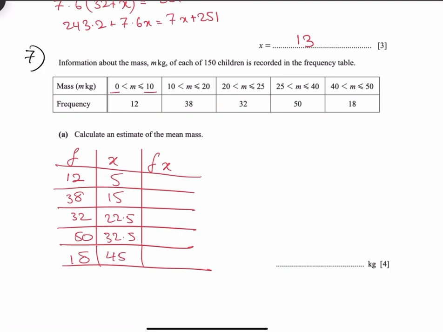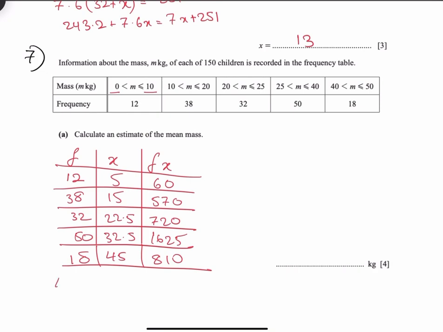Now I'm going to start multiplying. So 12 times 5 is 60, 38 times 15 is 570, 32 times 22.5 is 720, 50 times 32.5 is 1625, 18 times 45 is 810.